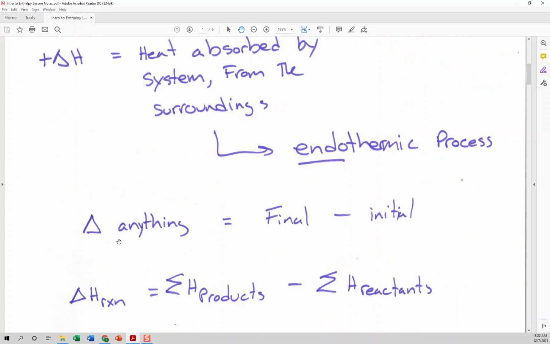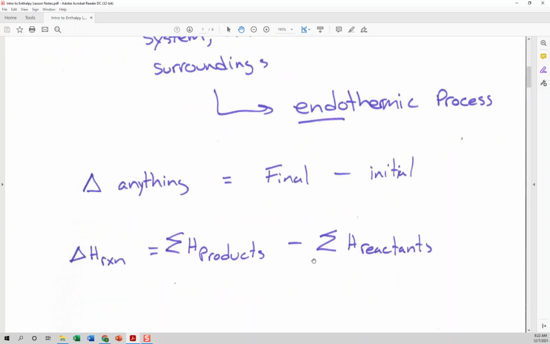Now, let's talk about what delta means. Delta anything, delta T, delta V, delta whatever, is final minus initial. To find the change in something, you always do final minus initial. One way to calculate the delta H of a reaction is if you know the enthalpy of the products, that would be the final part of a reaction, and the enthalpy of the reactants, that's the initial part.